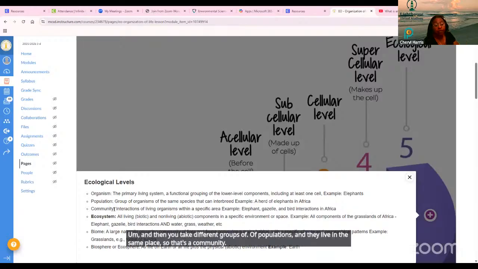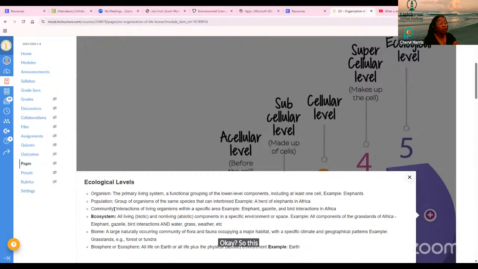Once you leave community, we start adding in the non-living aspects of our environment. So this is where we are now. We're at the ecosystem level, and we are going to start looking at what effect our abiotic factors have on our living population. The non-living is just as important as the living factors.